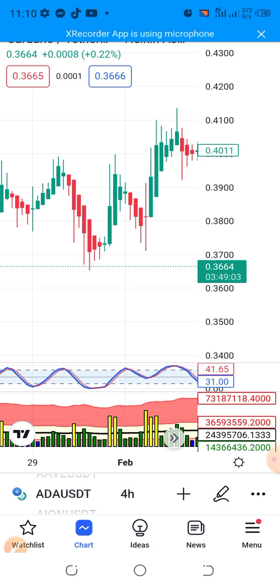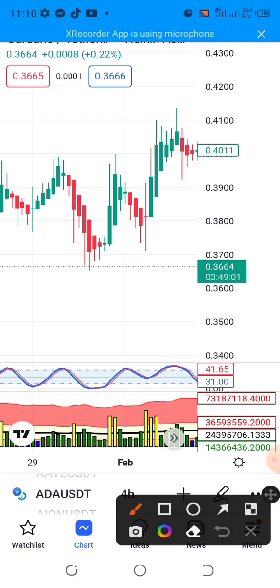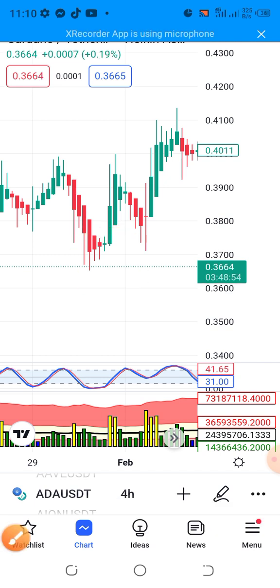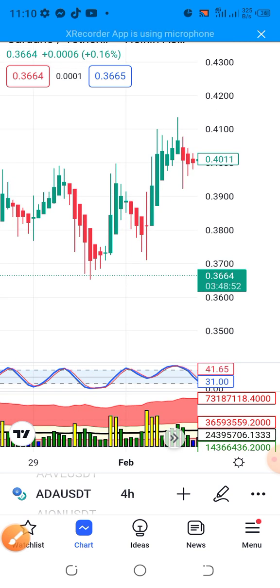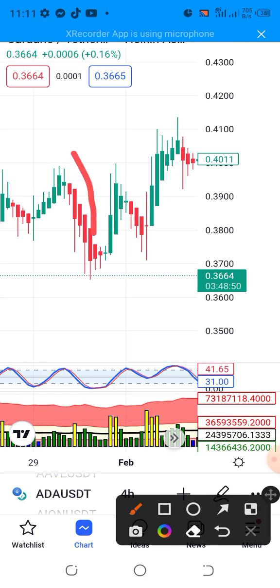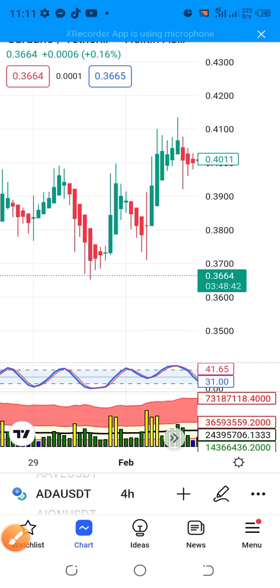So we have a doji here. All right, so see, in the forming, this was a downtrend. So it formed here toward the end of what? The downtrend. And it was backed by the green candle.